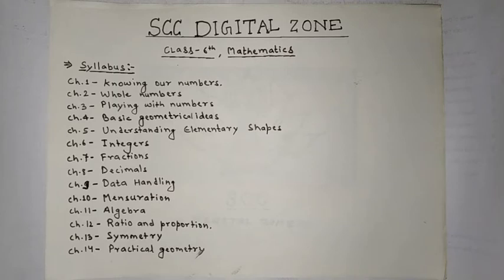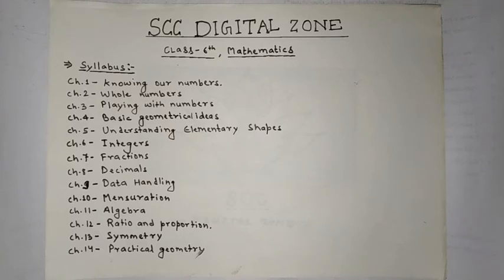In this chapter we learn numbers like natural numbers, comparison of numbers, smaller number, greater number, smallest and largest numbers.